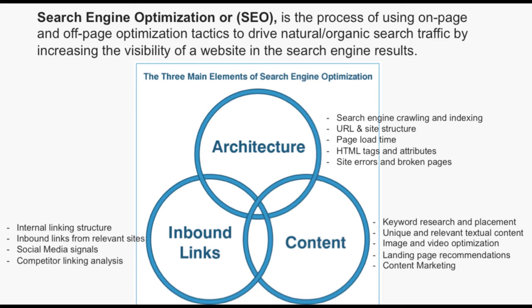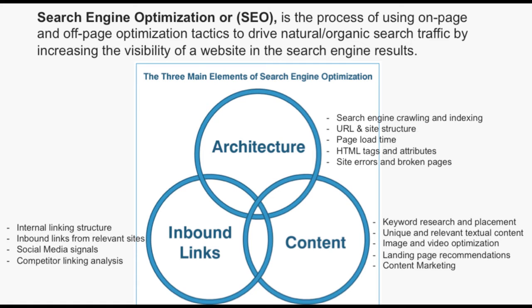And then the third element is inbound linking. When we say inbound linking, it's basically both internal and external linking pointing to a given landing page. Even with today's advanced technology at Google, they still heavily rely on inbound and internal linking. Think of linking as a popularity vote, to understand the relevancy and the quality of a given landing page.